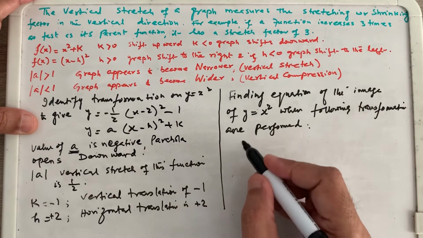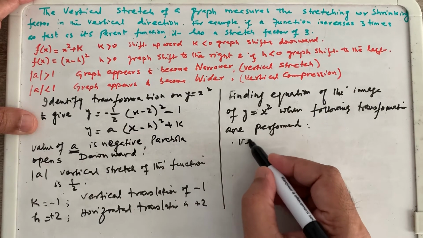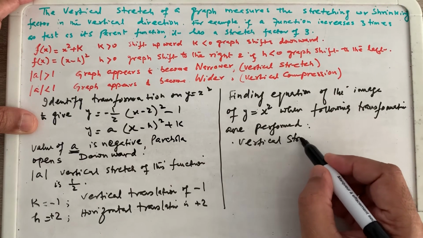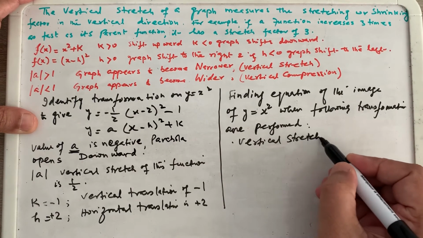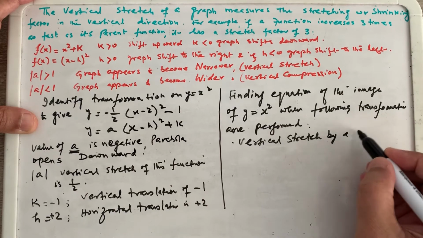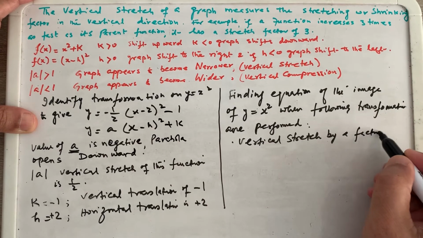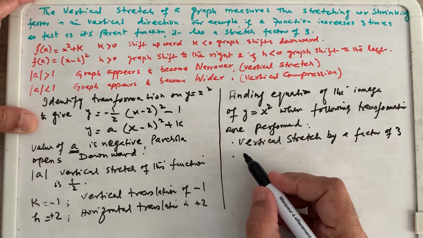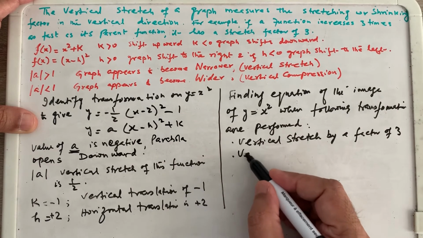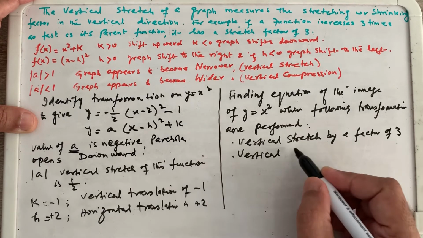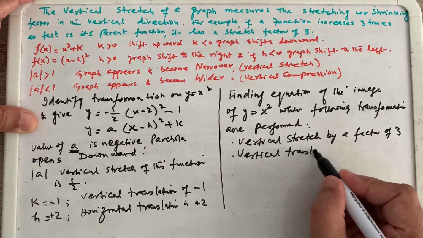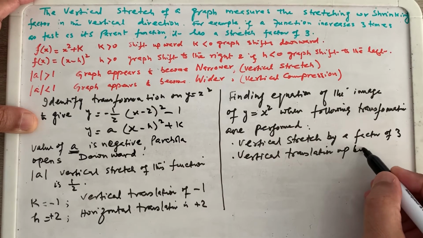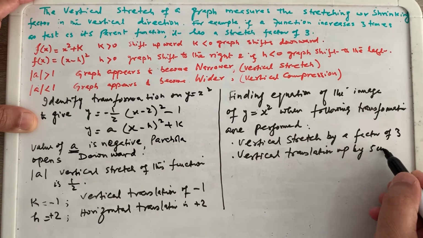The question is saying: vertical stretch by a factor of 3. Two, vertical translation up by 5 units.